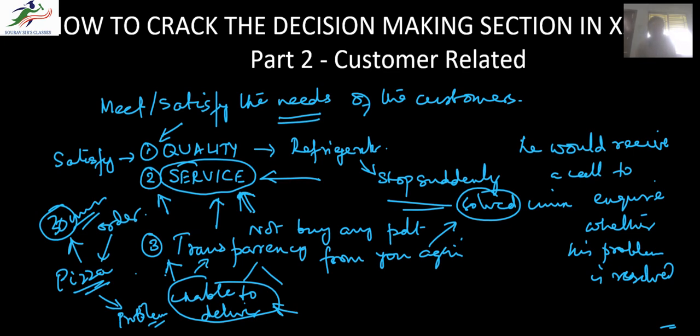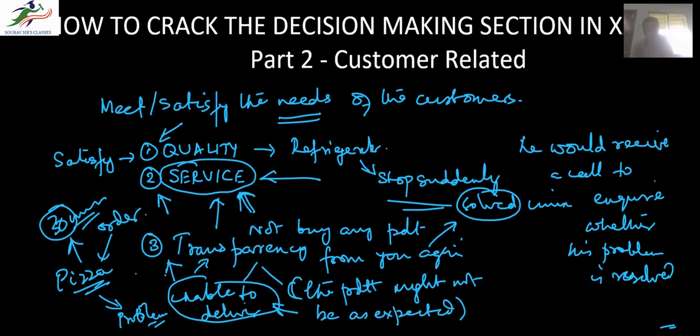And it can also happen that you are able to deliver within the time, but the product might not be as expected. For example, you are delivering within 30 minutes, but due to some reason, the product, which is the pizza, is getting cold.